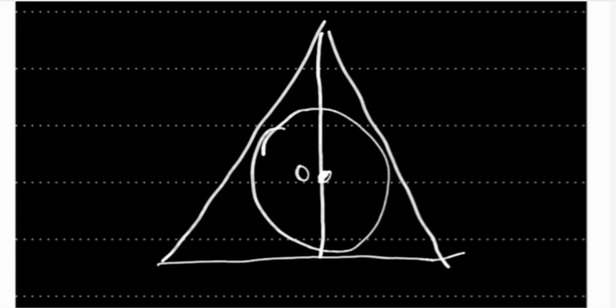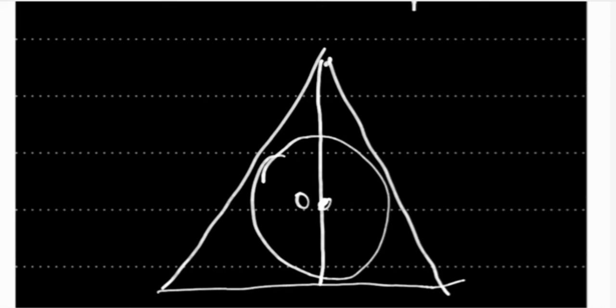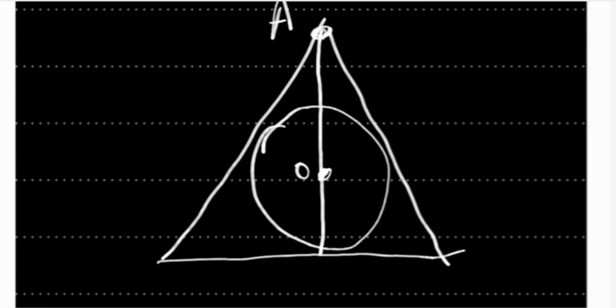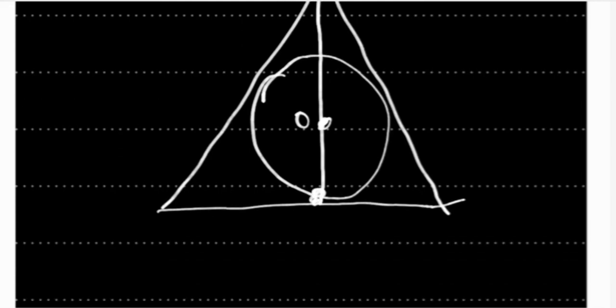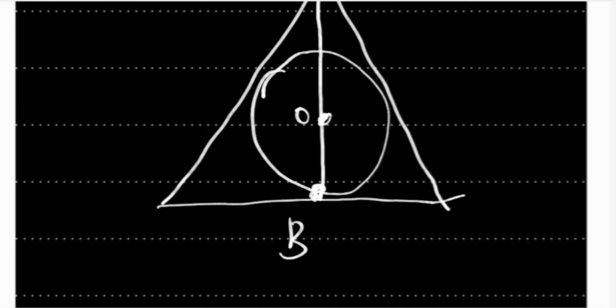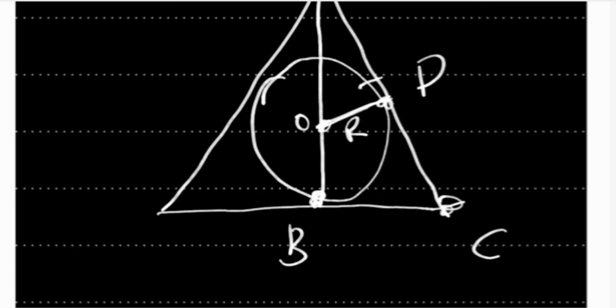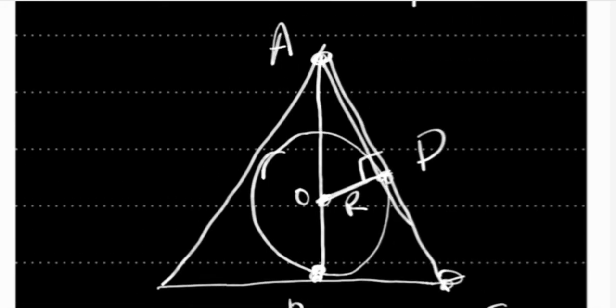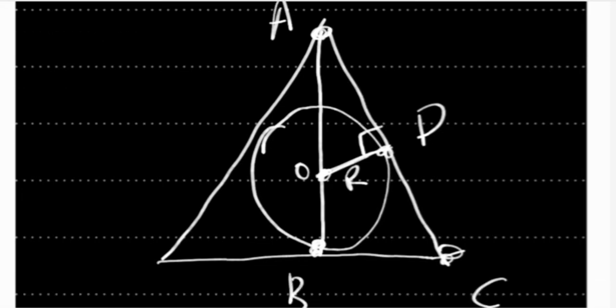This point over here I'm going to call point O. This point over here is point A. This point over here is point B. This point over here is point C, and this point over here is point D, okay? So this is R, and this is 90 degrees, because this is a tangent line to the sphere. This is 90 degrees, this is 90 degrees, and this is alpha.